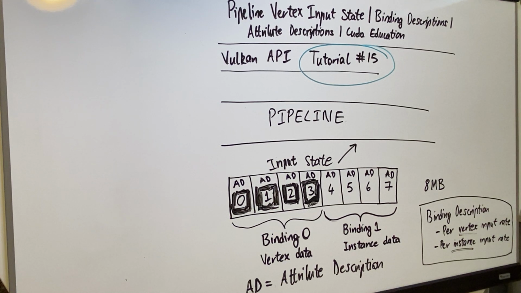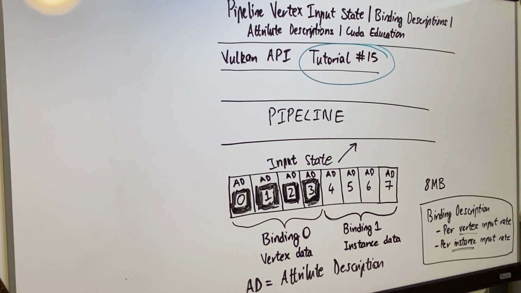All right, let us say that the pipeline vertex input state is basically dealing with describing data that you're handing to the Vulkan API.